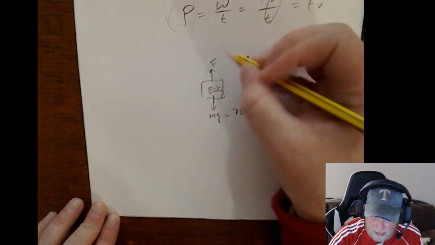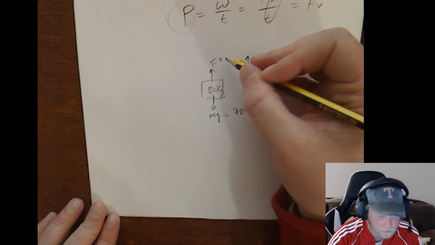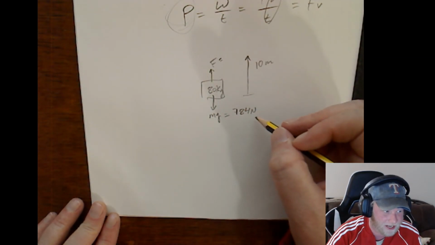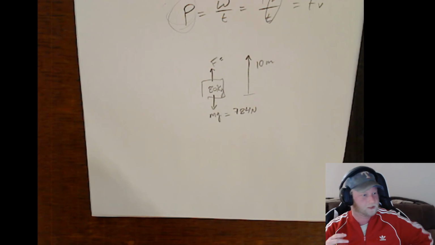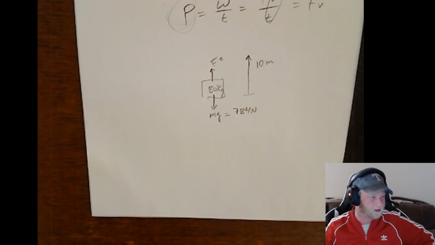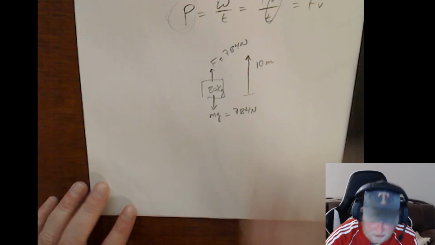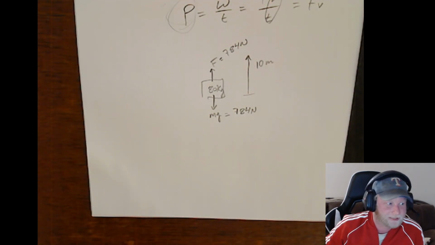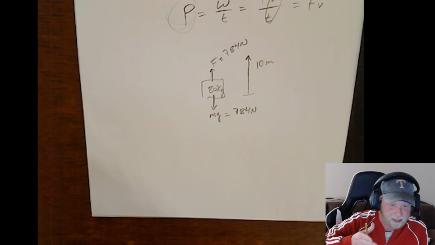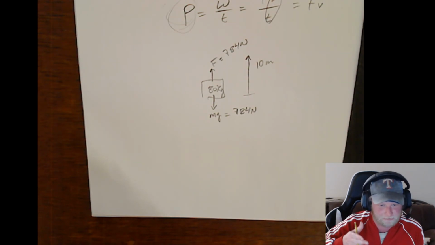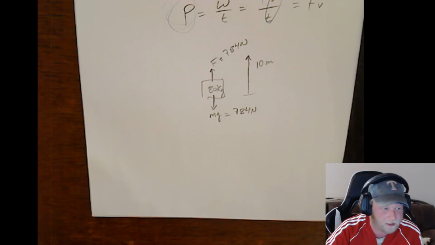So at the very minimum, the amount of force he needs to apply is 784 point, a billion zeros and then one. So we can always just round that up or down to 784 newtons. Right, so with that in mind, see if you can't rank these guys' power output A through D.